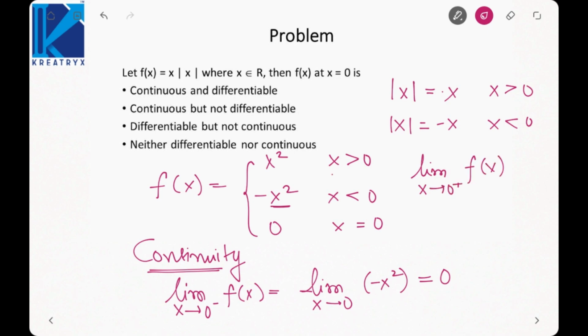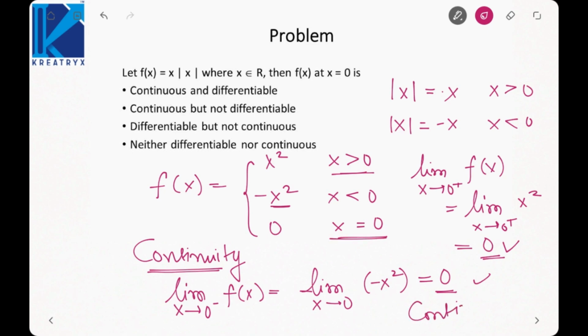For any value greater than 0 we have the function x square, that is limit x tending to 0 plus of x square, which is also 0. Now as you can see, the left hand and the right hand limits are equal, that means the limit exists. And these limits are equal to the function value at 0. So this is definitely continuous. Now let us check for differentiability.